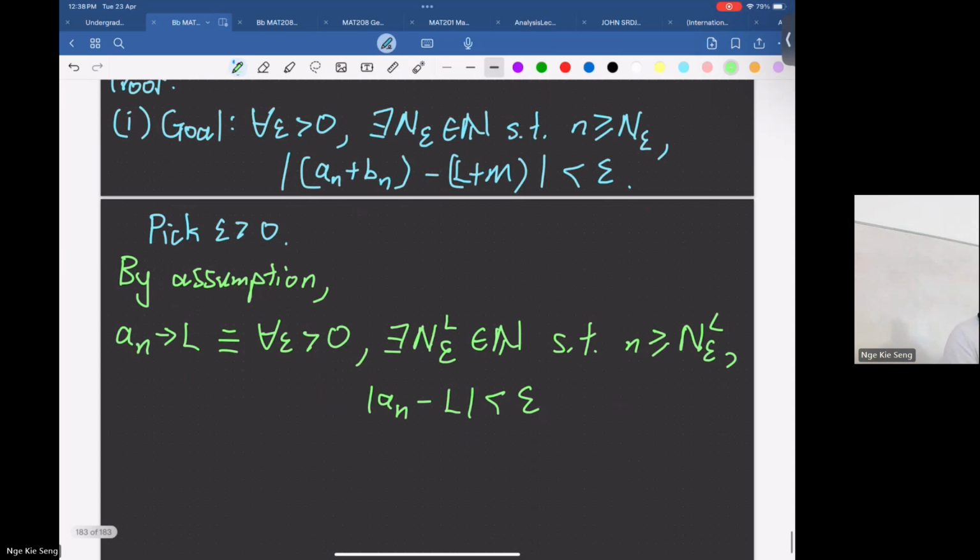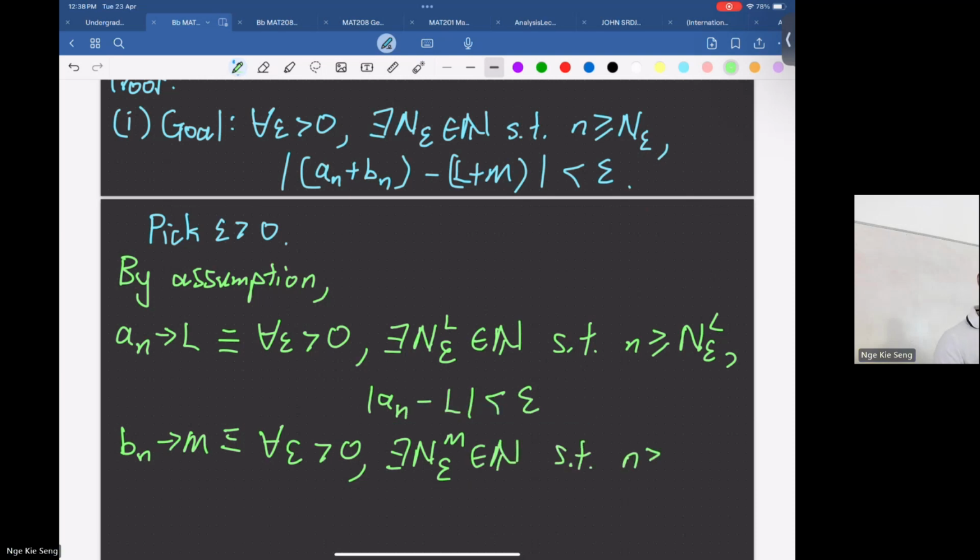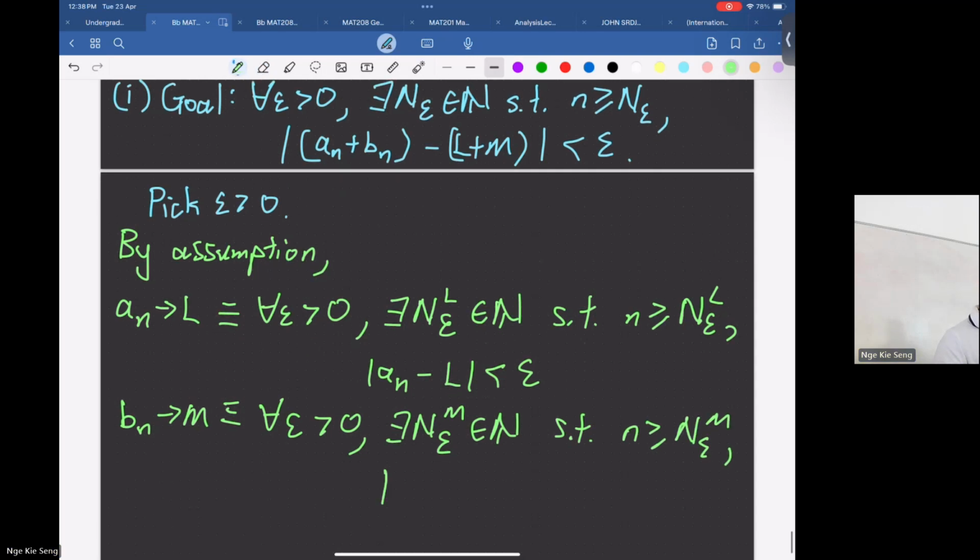And b_n? What happens to b_n here? Similar, but maybe we have a different capital N, so let's put it for M. Such that for all the terms after capital N, |b_n minus M| is less than epsilon.